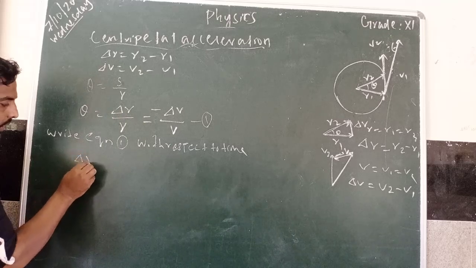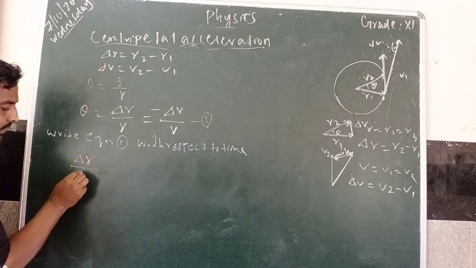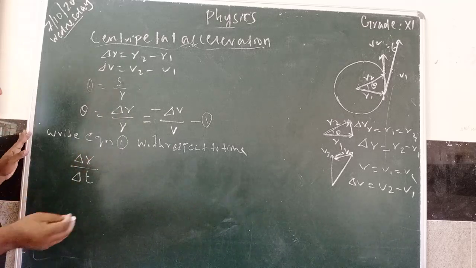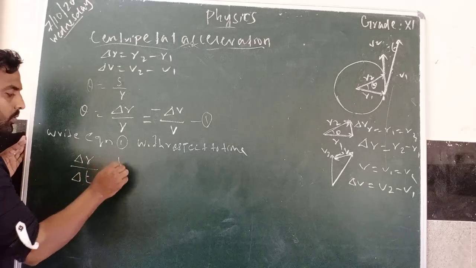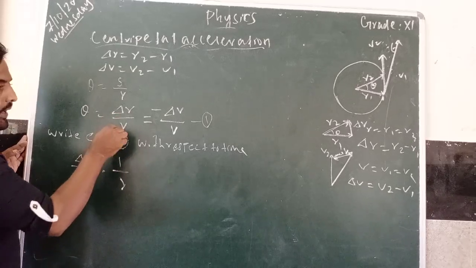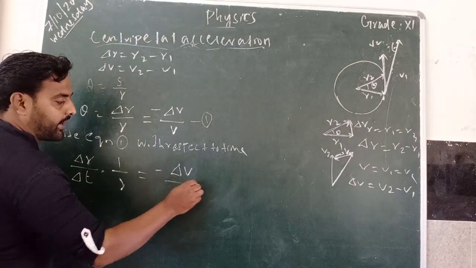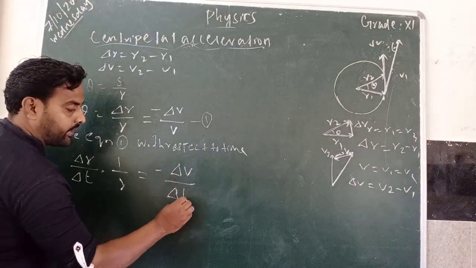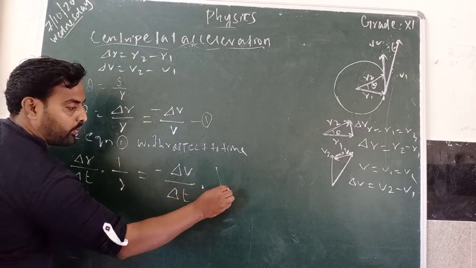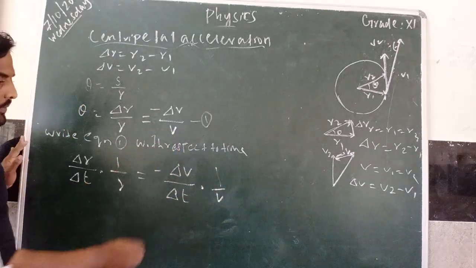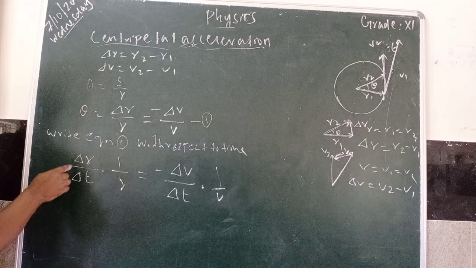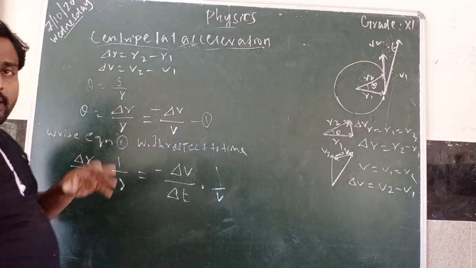Delta R by delta T into 1 by R equals minus delta V by delta T into 1 by V. Now what is this delta R by delta T?